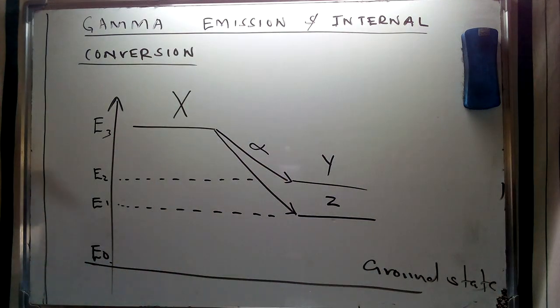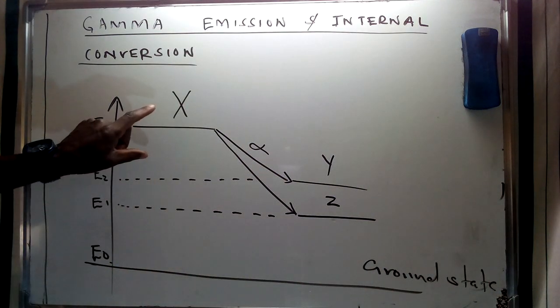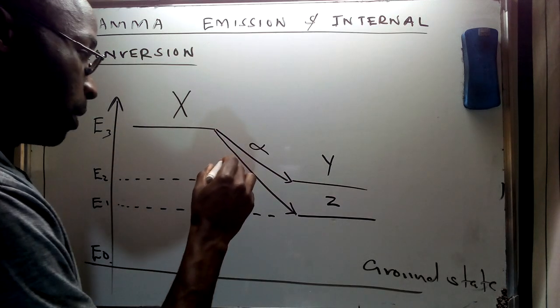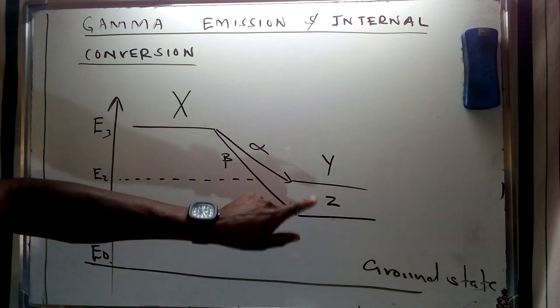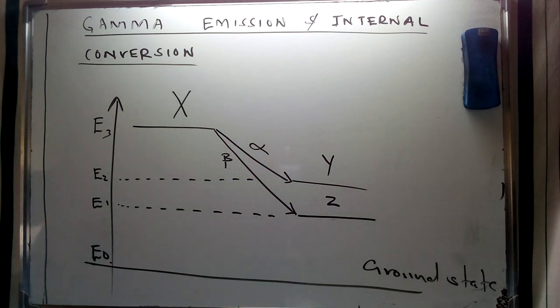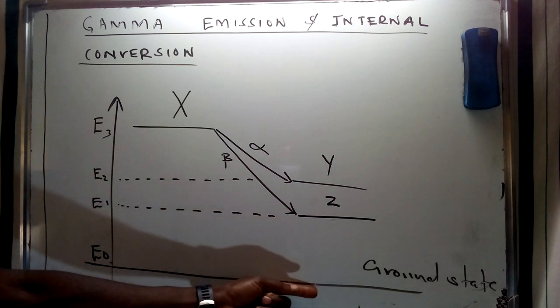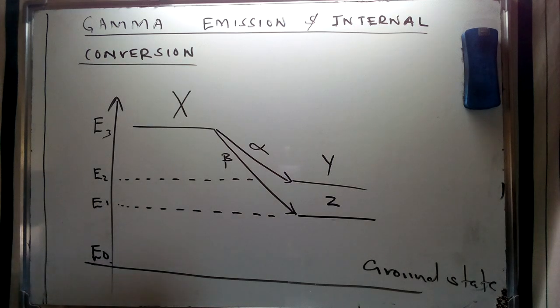So in this case, we find that this isotope has undergone a radioactive process and released the alpha and beta particles to produce these daughter nuclides. We are going to see that these still remain in an excited state. So they have to go back to the ground state in order to attain what we refer to as stability.